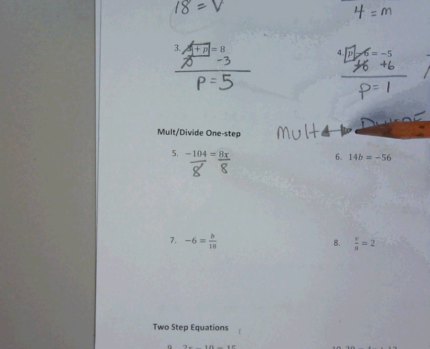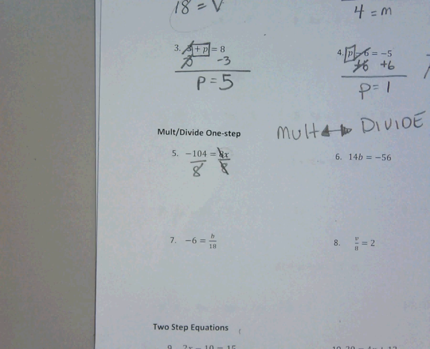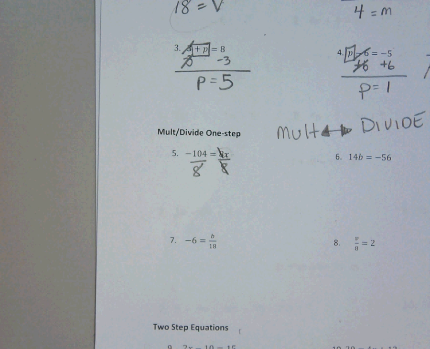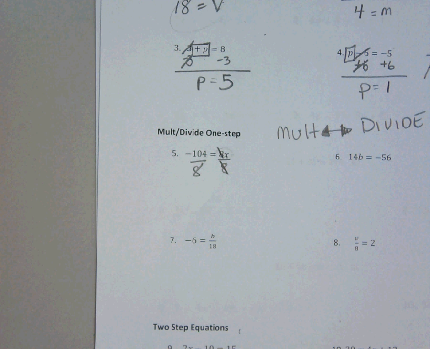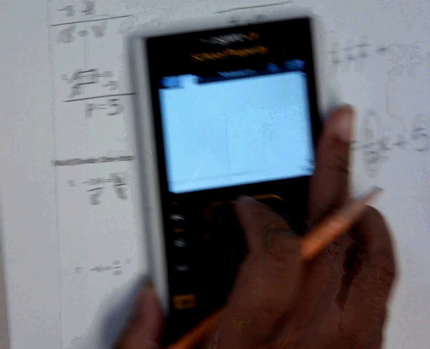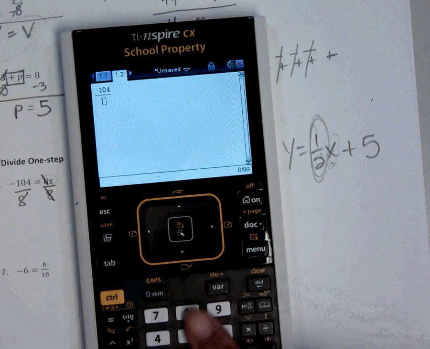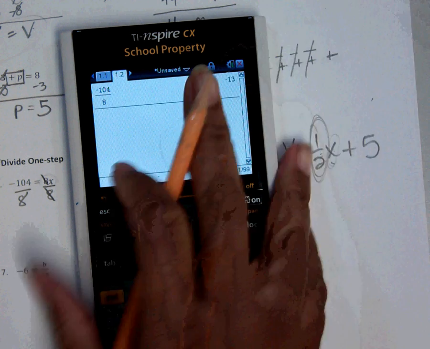So the inverse operation of multiplication is division. So I divide. All right, now we need to do negative 104 divided by 8. And if you need to use the calculator, then you can. We're not being partial. Control divide. If you can do this by hand, kudos to you. Negative 13.